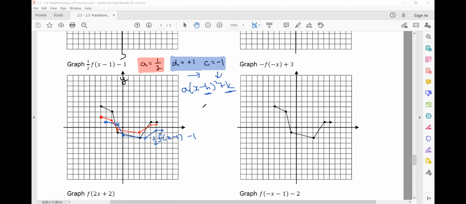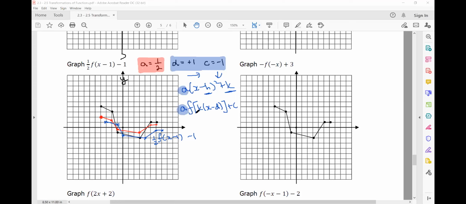We're not dealing with vertex anymore because the curves that we're graphing aren't going to be just parabolas. So we need to find new letters that can be used for all types of functions. So in grade 11, we are going to represent all the different possible transformations with these new letters.